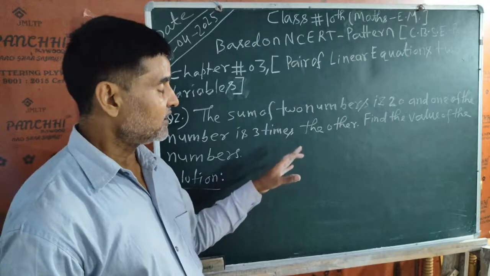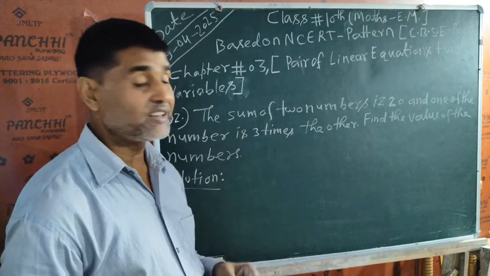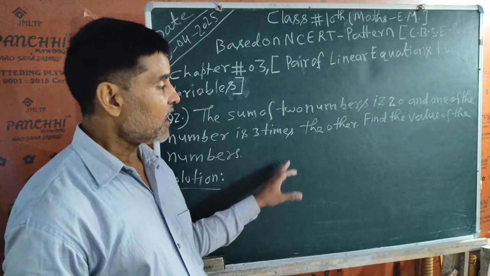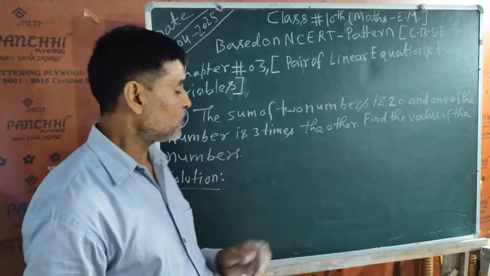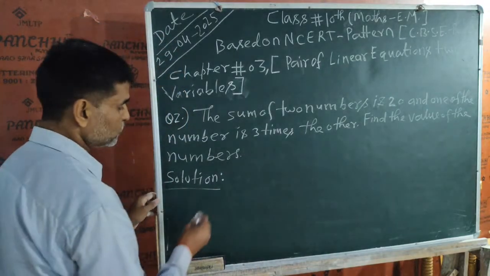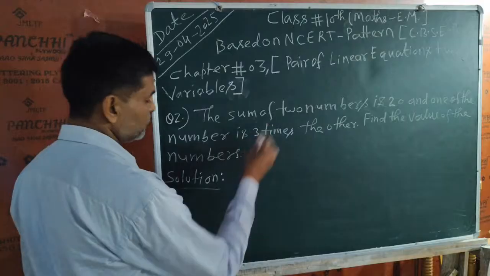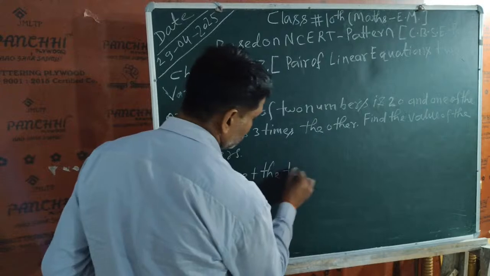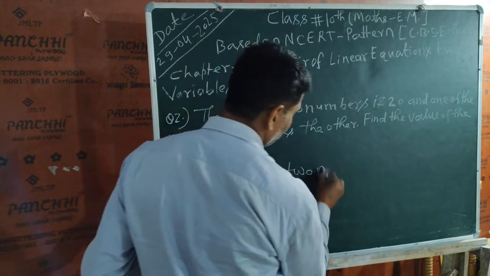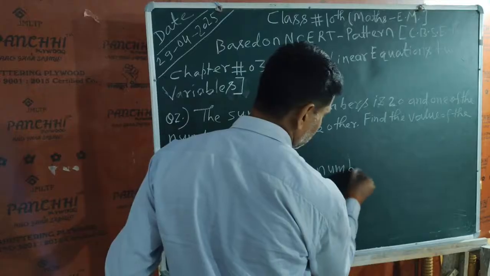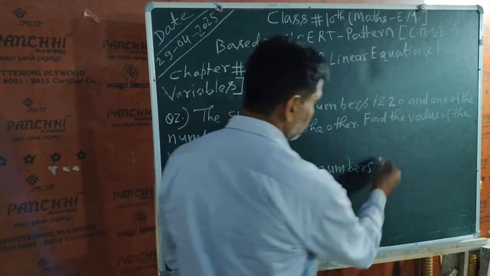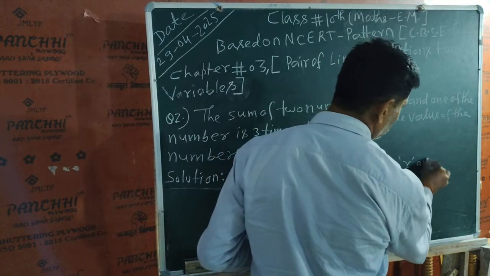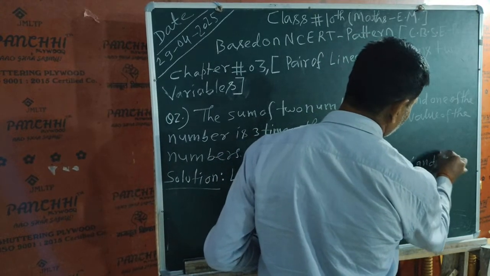By applying any one method from the two methods, you will get the value of x and y. In other words, we can say I have to write the coordinates of the intersection point. Therefore, first of all, we have to assume, that is, let the two numbers be x and y.